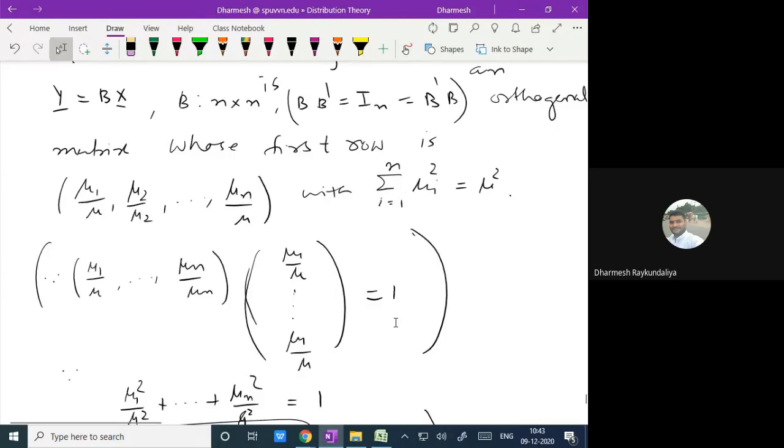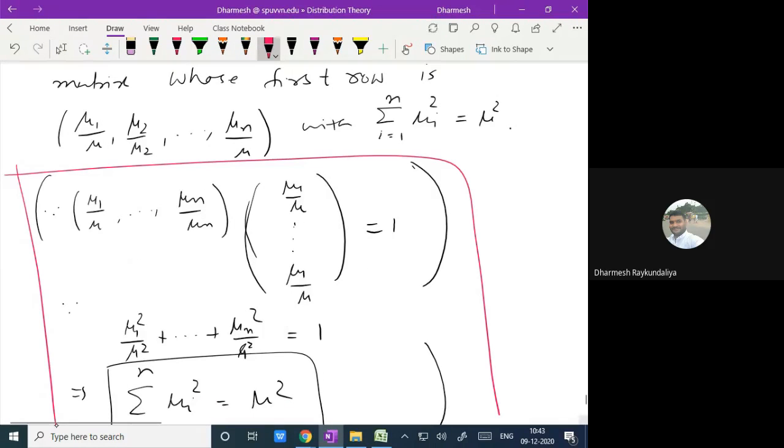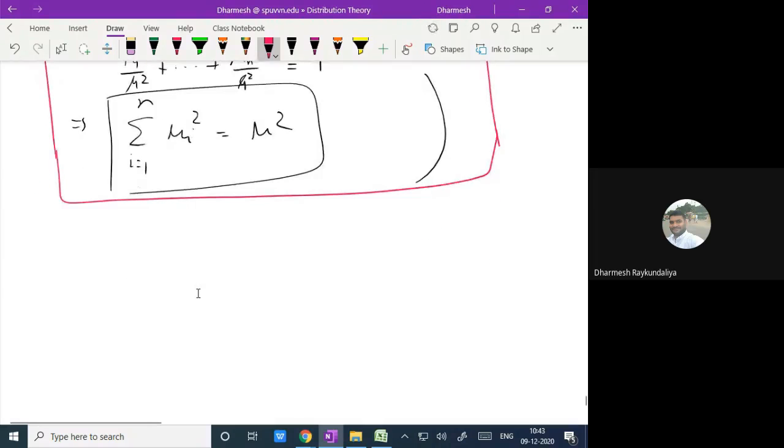That justification I have given here. So we consider y as the orthogonal transformation of x, whose first row is mu1 by mu, mu2 by mu, up to mu n by mu, with mu square equal to summation mu i square.